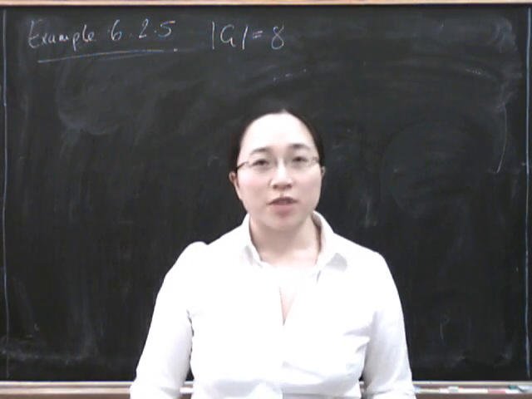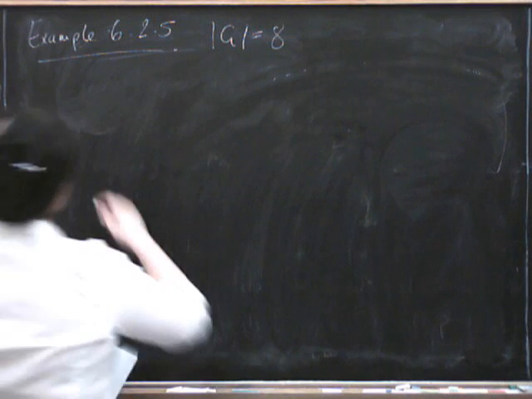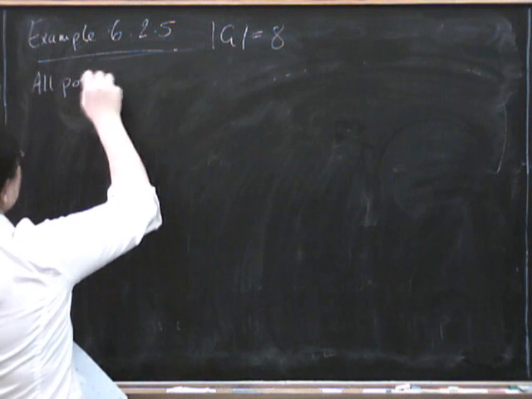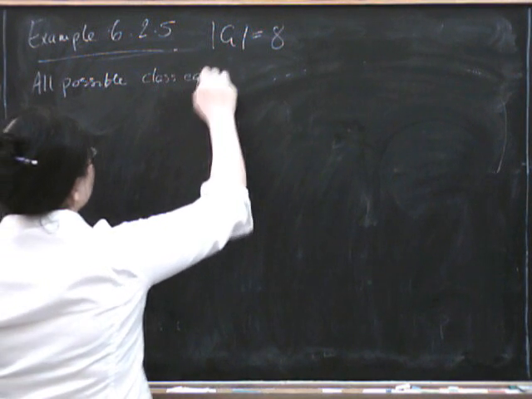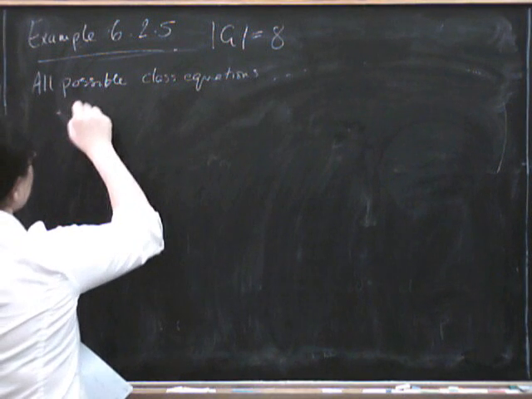Okay, what are all the possible class equations we could have that add up to 8? We know that we must have a 1.